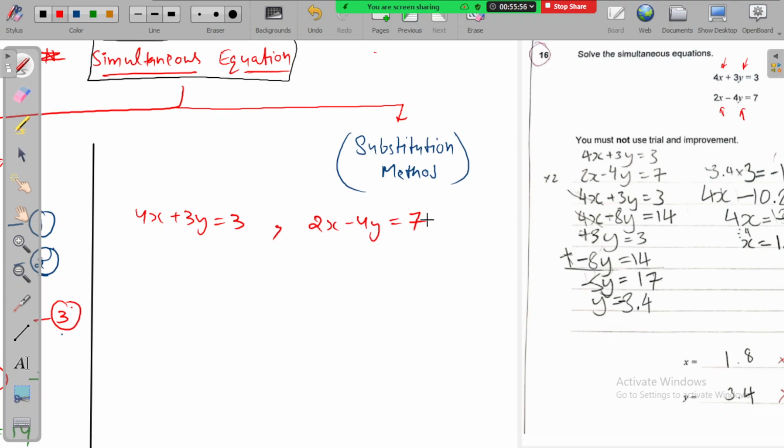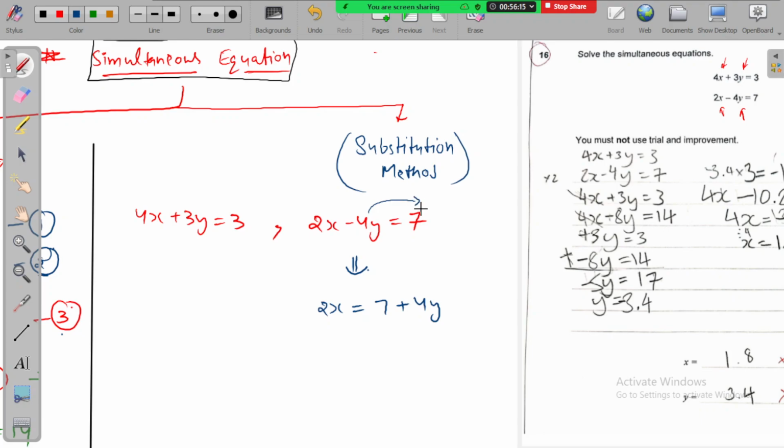What do you have to do? Substitute the value. Look here, I am taking equation number 2. What will be the value of x? You will say 2x is equal to 7 plus 4y, if you take the 4y to the other side.